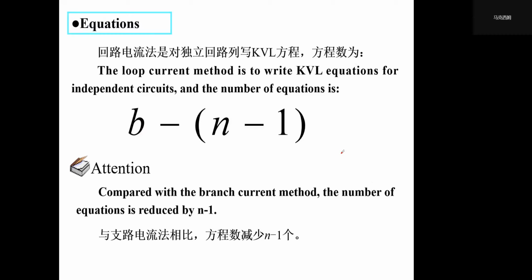And this method has fewer equations than the branch currents method, n minus 1 equations. So both methods are okay, but in this scenario we don't have to calculate too many equations in our solving process.